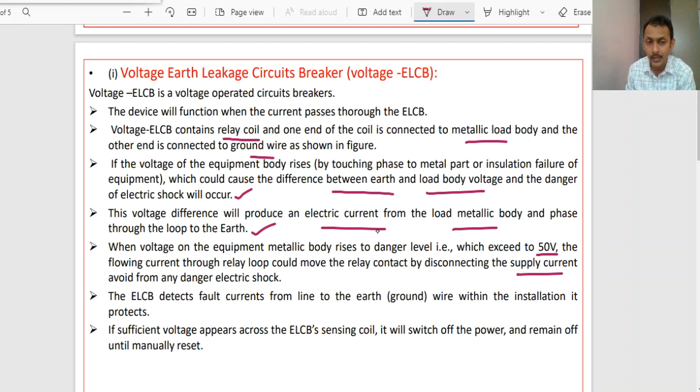Now the ELCB is going to detect the fault currents present from line to earth, that is the ground wire. Within the installation, it protects only the equipment for which you are using this circuit breaker. It is not that one single breaker serves all the devices or equipment.